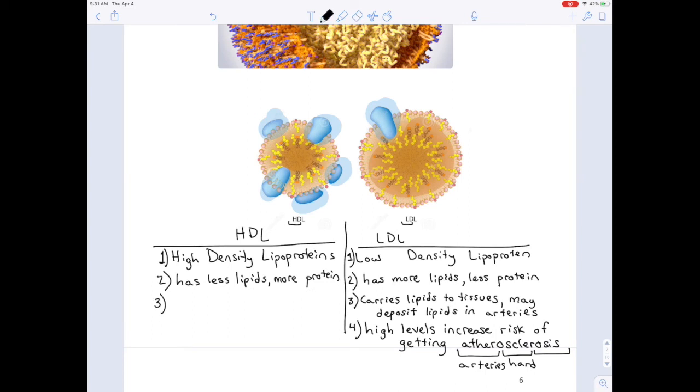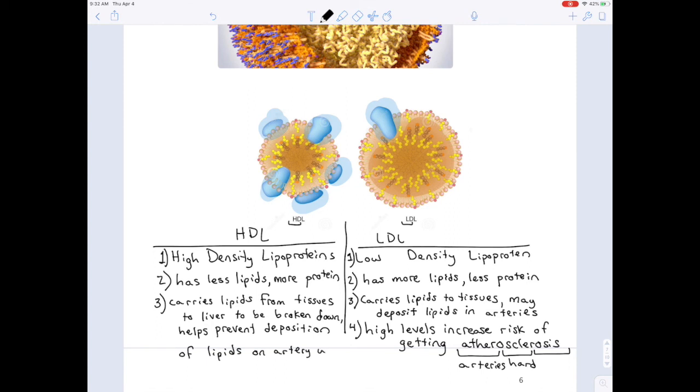Third thing you want to know is what it does. The HDL carries lipids from tissues to the liver to be broken down, and that helps prevent deposition of lipids on artery walls.